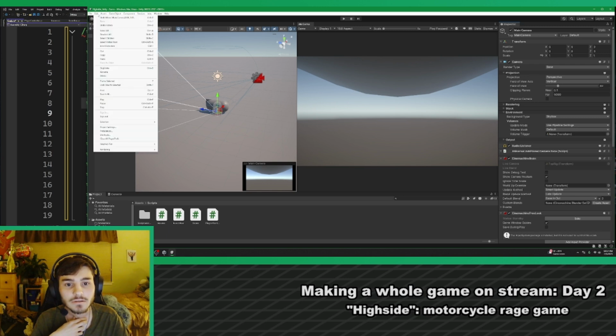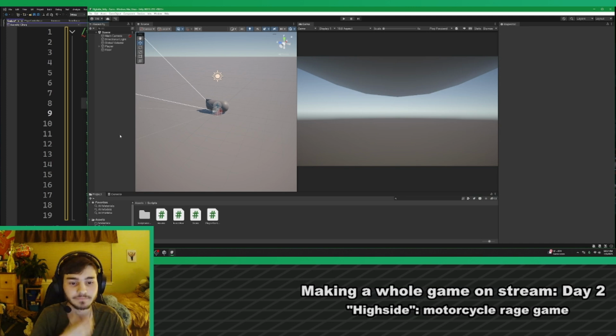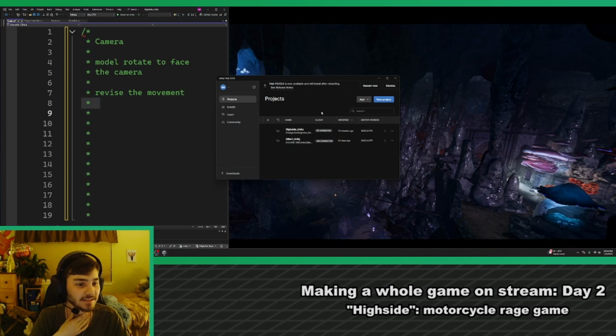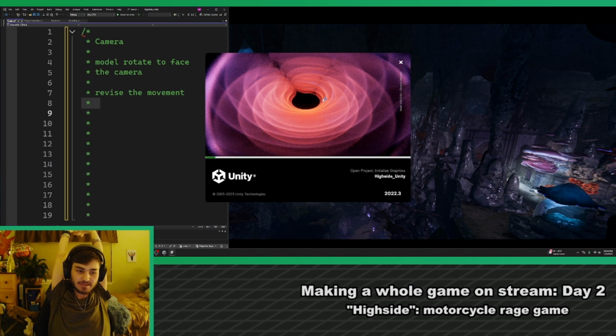Or I want the Unity editor settings. References? Requires a restart to take effect. Okay, I'll have to do it. There's no point streaming it if you guys can't see it. Okay, now I need to wait for a Unity project to open again.